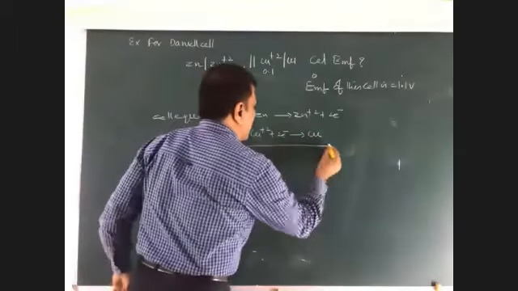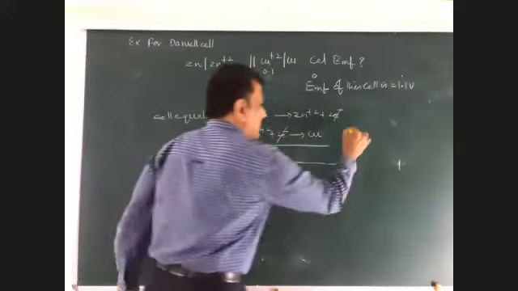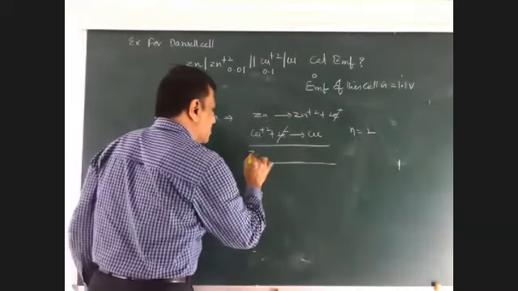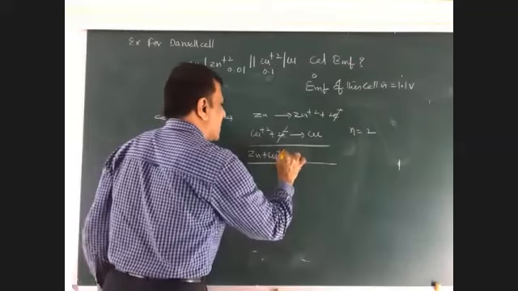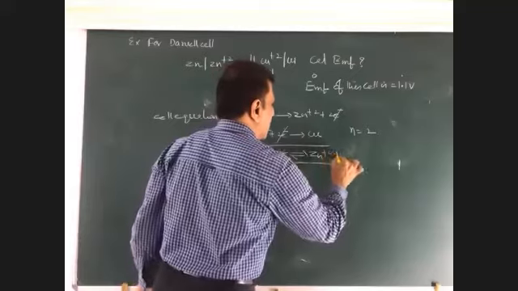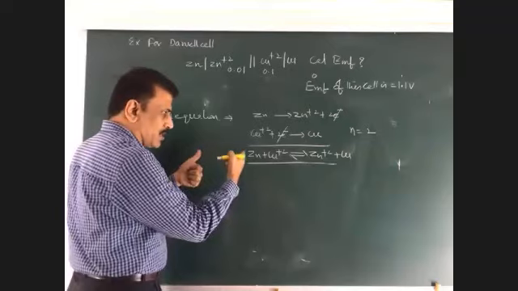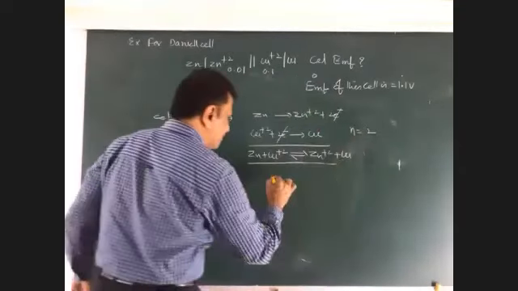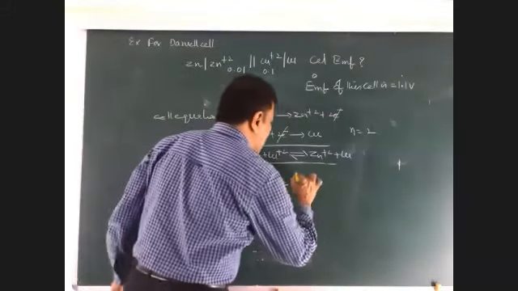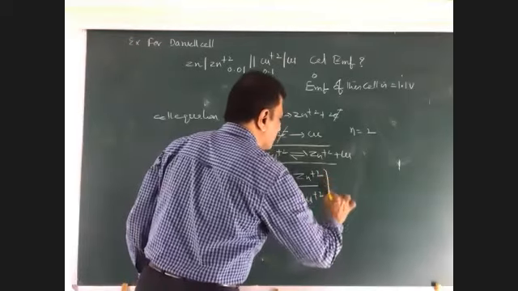And these two should be added to get the total equation. Electrons cancel. So here N is equal to 2, the number of electrons involved in the redox. So zinc metal reacts with cupric ion and, in a reversible reaction, changes to Zn plus 2 and Cu. Now, with the help of this, we have to write the K value, the equilibrium constant. K is equal to products by reactants, so Zn plus 2 by Cu plus 2.